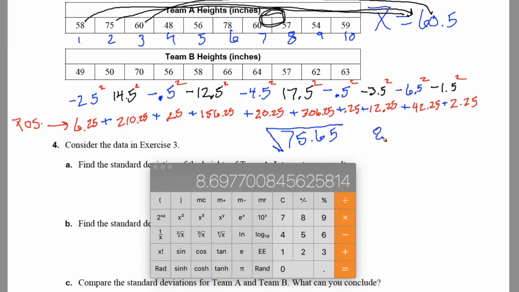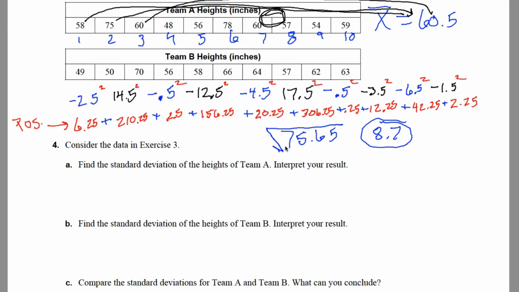So 8 point, I'm just going to say 7, because this rounds up to 8.7. So 8.7 is my standard deviation.